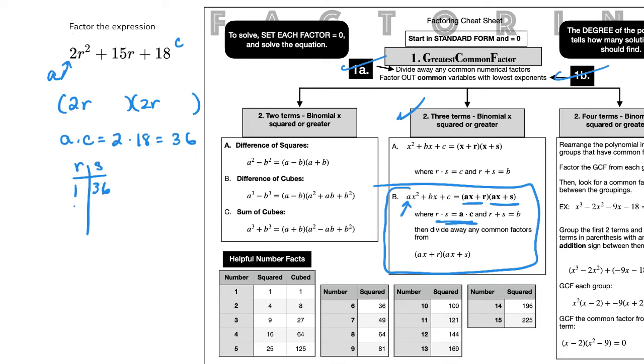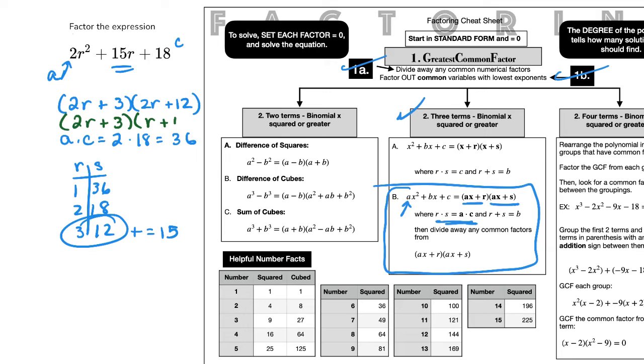1 and 36, 2 and 18, 3 and 12. There's the pair I want, because those add up to 15 in the middle. So one of these is plus 3, and one of these is plus 12. Now careful, this is not my answer yet. To get my final answer, I take my two factors and rewrite them, simplifying.